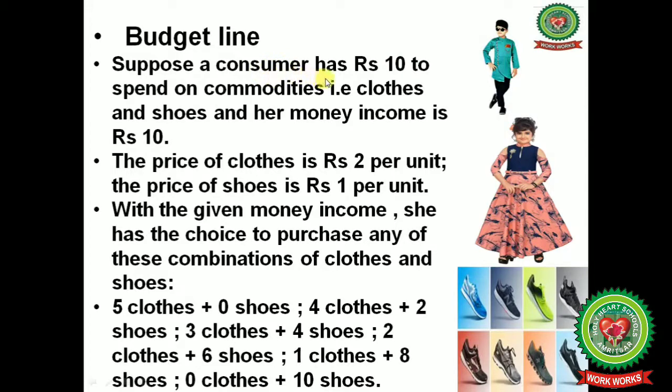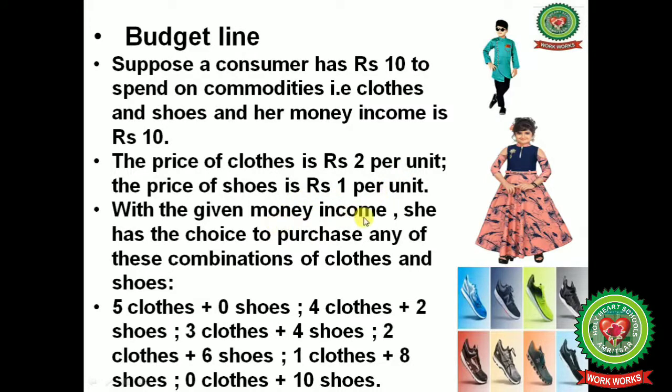Now next one is the budget line. Suppose a consumer has rupees 10 to spend on commodities, that is clothes and shoes, and her money income is rupees 10. The price of clothes is rupees 2 per unit. The price of shoes is rupee 1 per unit.